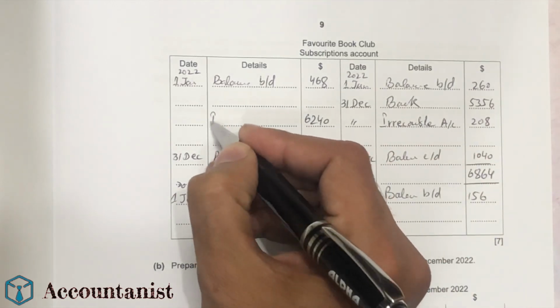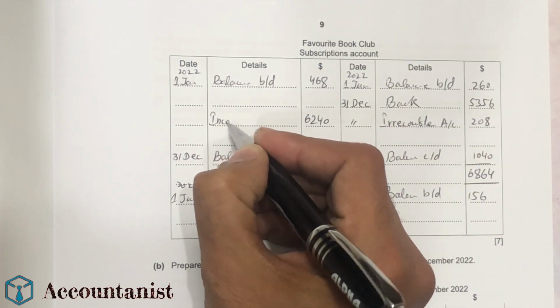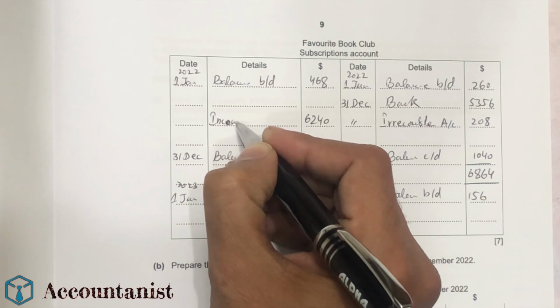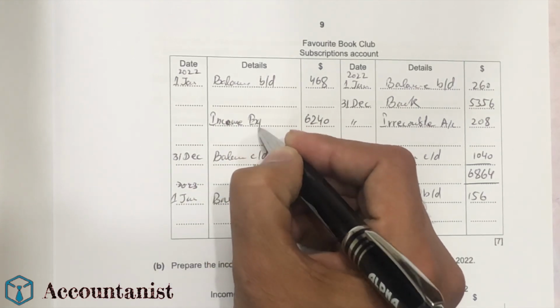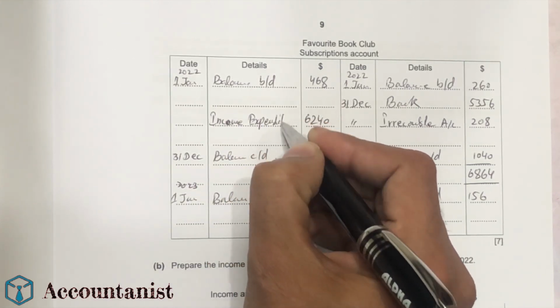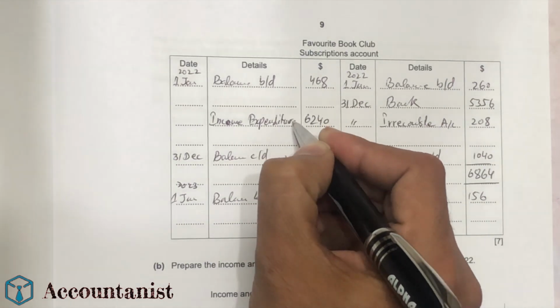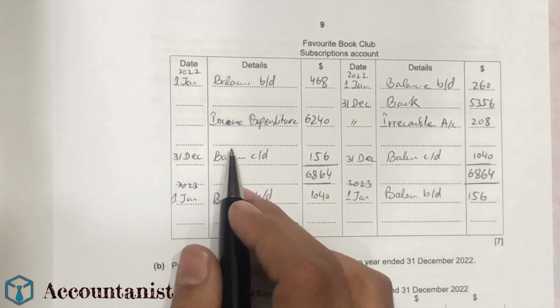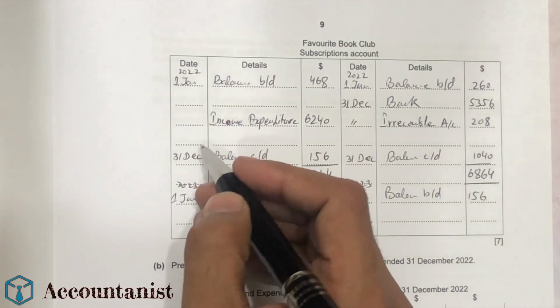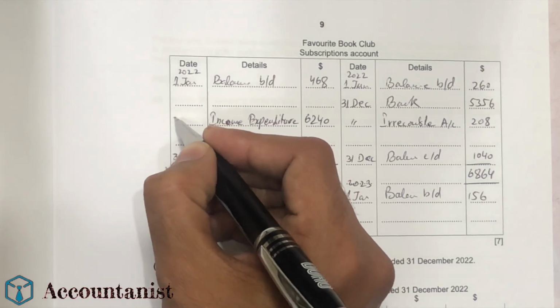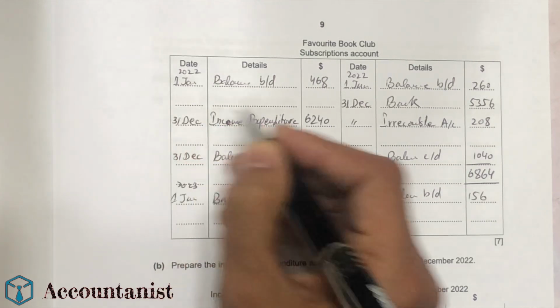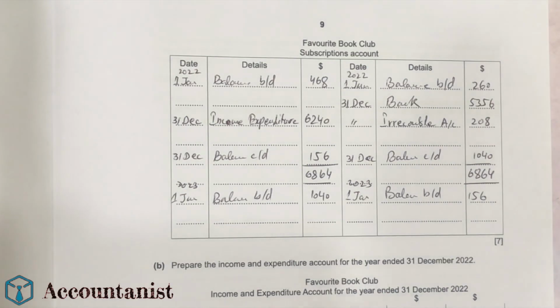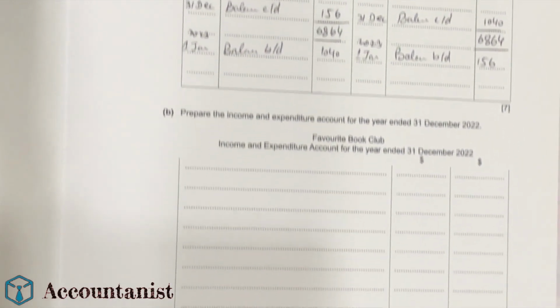That will go to the income and expenditure account. It's similar to the income statement that we make for other businesses. That will go on 31st of December. So that's the first part of this question.